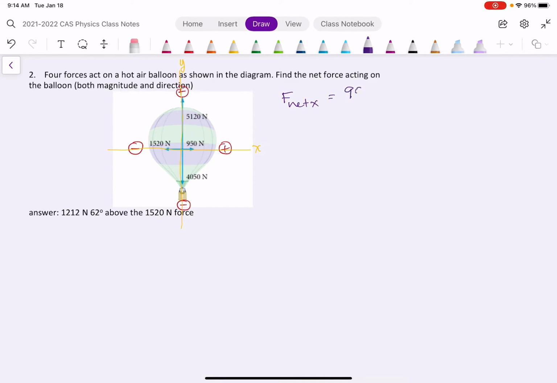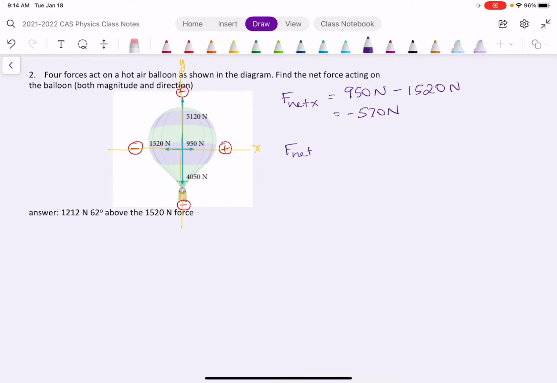So 950 newtons minus 1520 newtons. And you get negative 570. And we can do the same thing for the y.